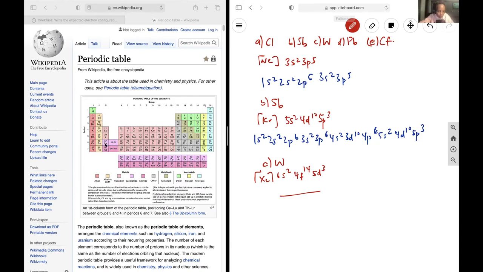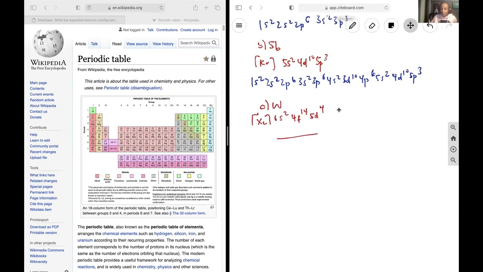Then if you want to write out the entire thing, as I said, just count from the beginning. You're going to hit all the way until you get 5p6, and then you start the 6s2, 4f14, 5d4.